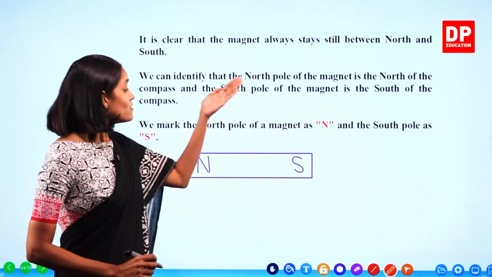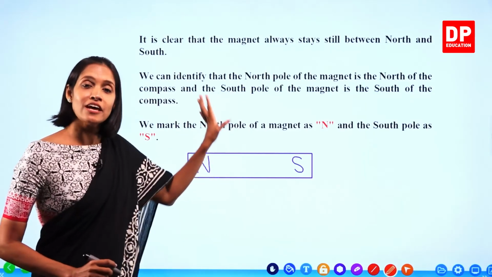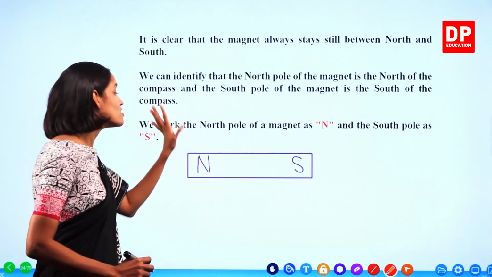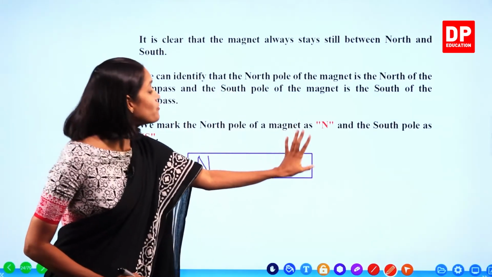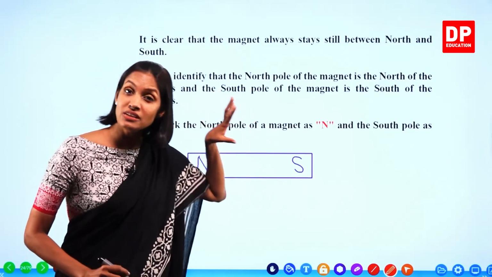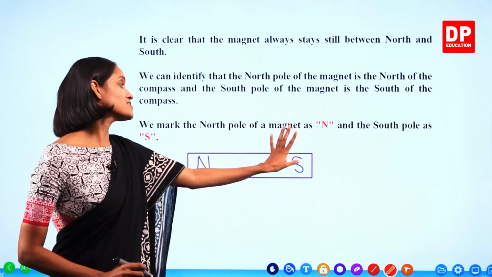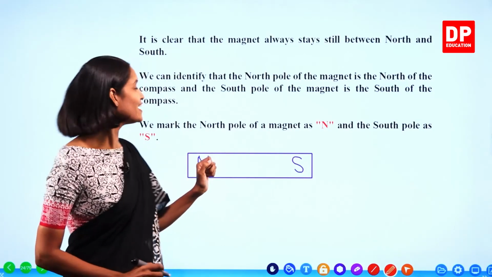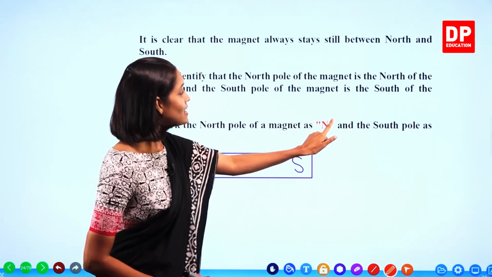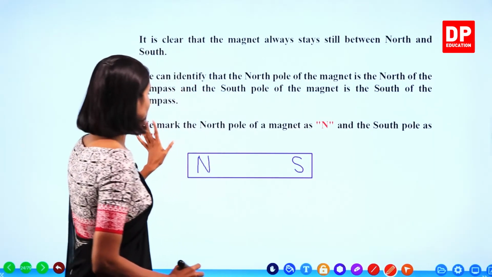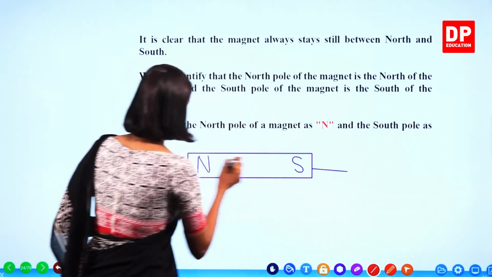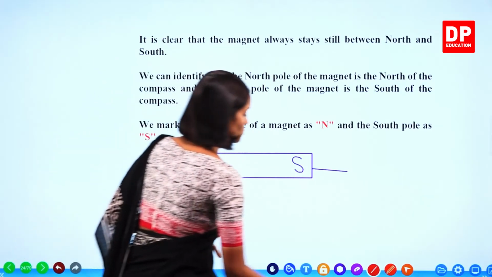Which means the end of the magnet that always faces towards the north direction is known as the north pole, and the end of the magnet that always faces towards the south direction is known as the south pole of the magnet. Okay? So we mark the north pole of a magnet as capital N and the south pole as capital S. So this is the south pole, this is the north pole.